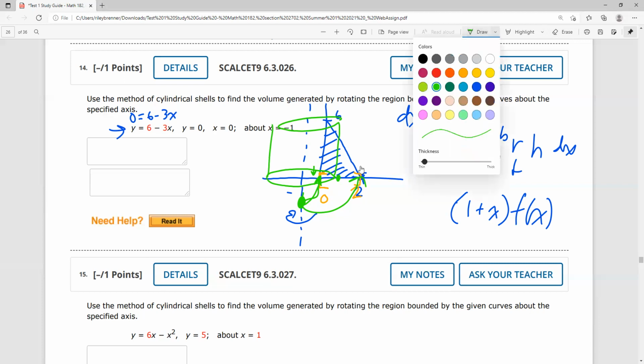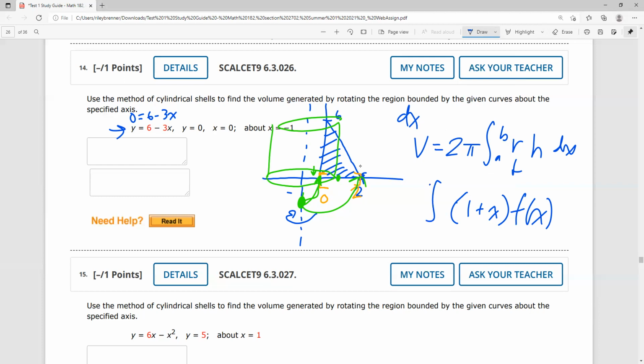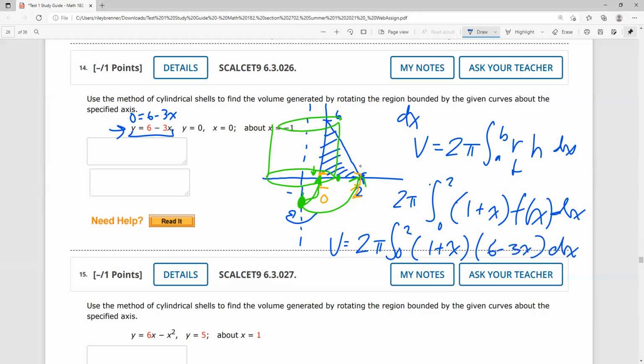So going along with actually calculating the integral now, we can go ahead and plug everything in. The volume is going to be 2 pi from 0 to 2 times 1 plus x times the f of x function, which is this guy right here, 6 minus 3x, all dx, right? And if we go ahead and simplify this out, what do we get? 2 pi, 0 to 2.